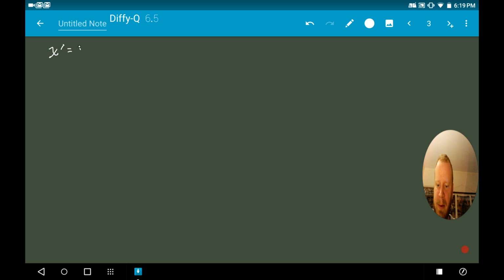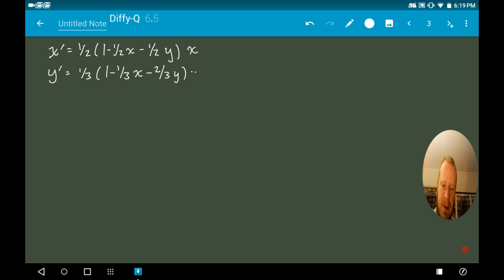So we start off and it says x prime equals 1/2 times (1 minus 1/2 x minus 1/2 y) times x, and y prime is equal to 1/3 times (1 minus 1/3 x minus 2/3 y) times y.